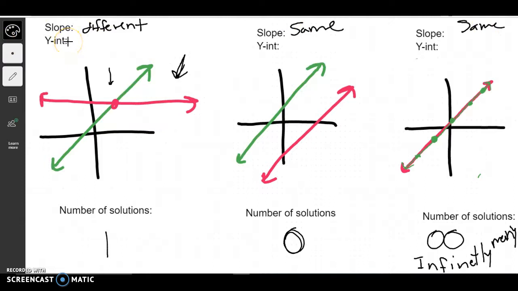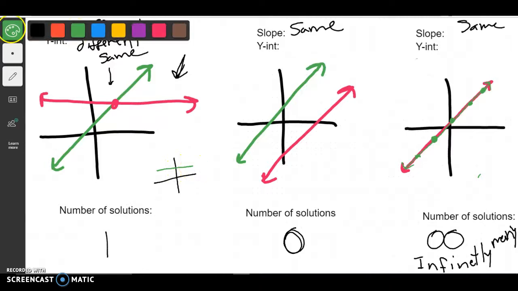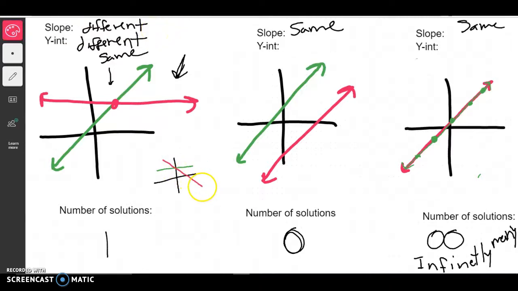If these lines intersect, their y-intercepts can be different or the same. In this case, they're different, but I'll give you a case where they're the same really quick. So right over here, they intersect only at one point, but their y-intercepts are the same because they cross at the same spot.